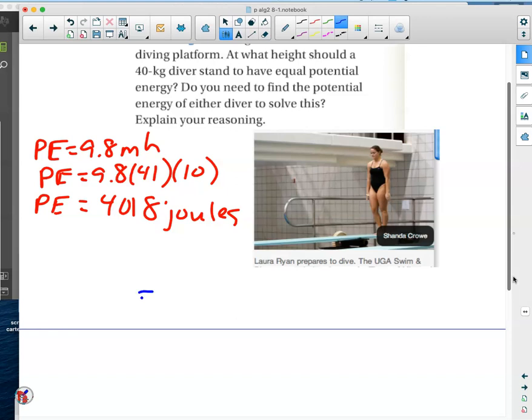Sure we can. It's all about being equal, right? So we'd have 9.8. Oh, shoot, I scrolled past it. I know they were heavy. Was it 80? How high was the platform? 6. So not even halfway between the 4-meter and the 10-meter. And then we've got a 40-kilogram diver.